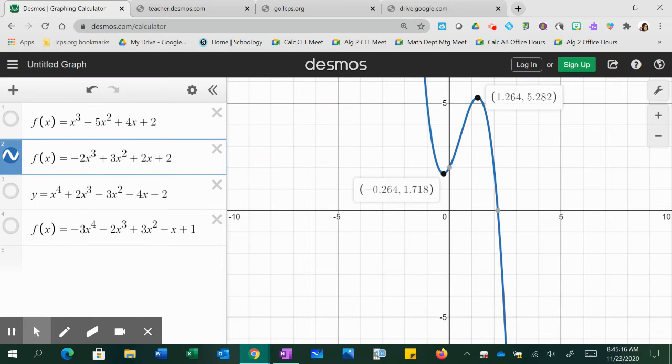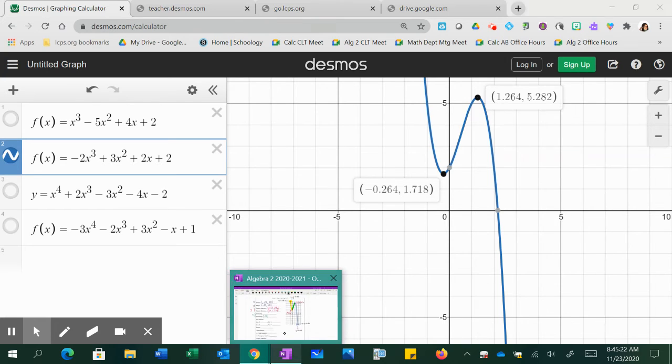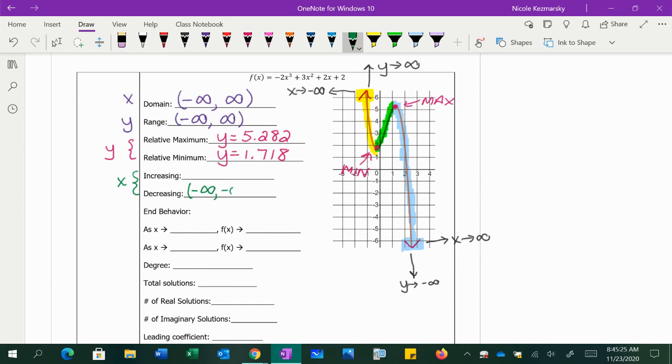So let's go over to Desmos and let's look at what the min was. So that's going to be negative 0.264. So negative 0.264. And that's the yellow region on the graph. Then the green region starts.